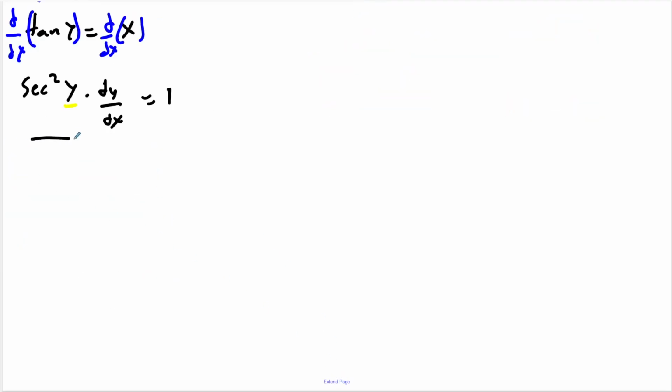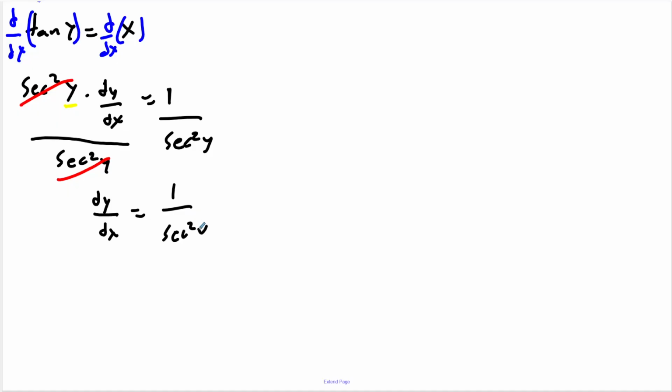Divide by secant squared of y on both sides, and we get dy/dx equals 1 over secant squared of y. Now, going back to this relationship here, tangent of y equals x over 1.